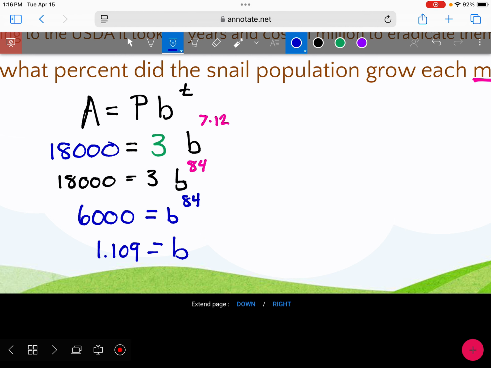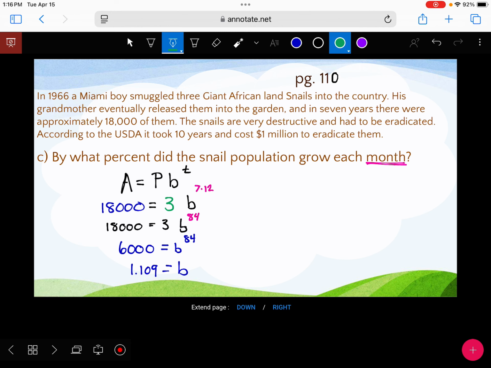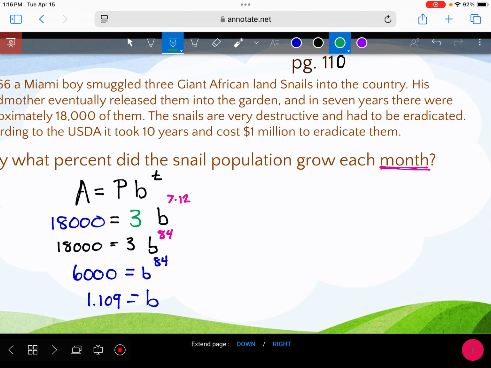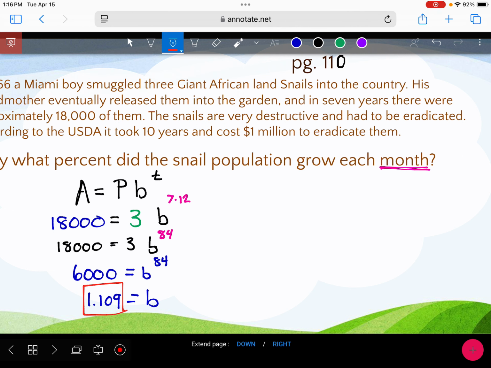So what is the rate? What's our percent rate? What's our R? So now we're doing the part B part. So this is our growth factor, I'm just going to call it GF. To get our rate, that's when we're saying what happened to this 1.109 when we had it as 1 plus or minus R. I want to know R. So since we had bigger than 1, we're subtracting 1 from both sides.